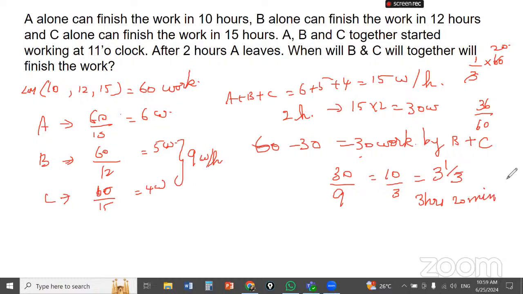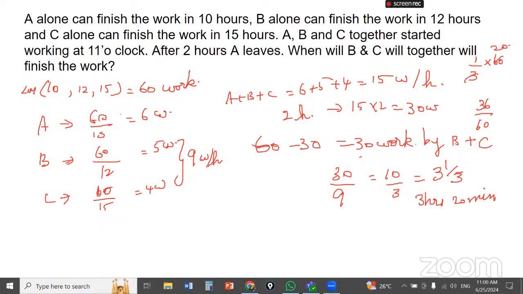So B and C can complete the work in 3 hours, 20 minutes. And if they're asking the total time, already 2 hours has been completed. 2 plus 3, it is 5 hours, 20 minutes. And if they are asking exact time, so 5 hours, 20 minutes after 11 o'clock, what the time could be? 12, 1, 2, 3, 4.